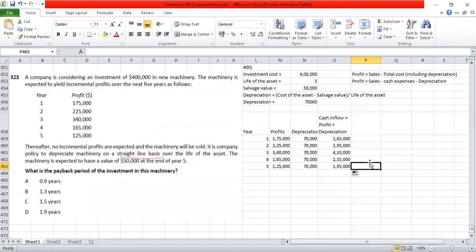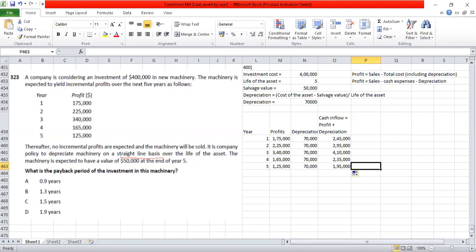Now, if the life is 5 years, the amount of investment should be paid back before 5 years. That's the point. How do we understand?